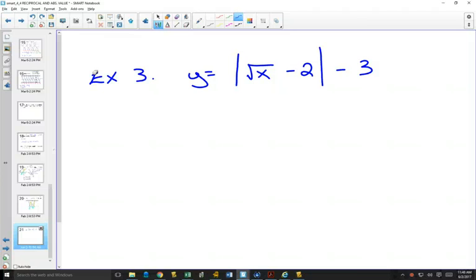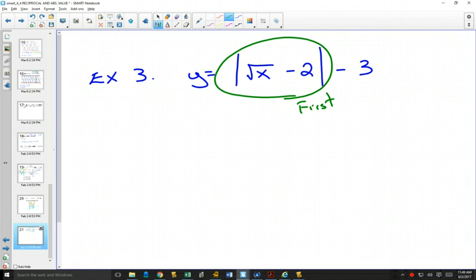So what we're going to do is we're going to graph this first, and whatever we get as our graph, what will this minus 3 do if that comes after? It's going to move it down 3 units.